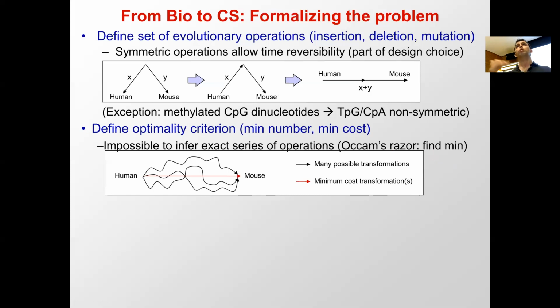But when we start going through the evolutionary section, we're going to look at the most probable or the maximum a posteriori solution. And that's going to have a lot more complexity. That's going to allow us to sometimes find that a longer path is actually more likely than the shorter path. And we're going to correct for that. So our optimality criterion in this particular case is going to be the minimum number of events or the minimum cost of events, if I can score the penalty that I get for different types of events.